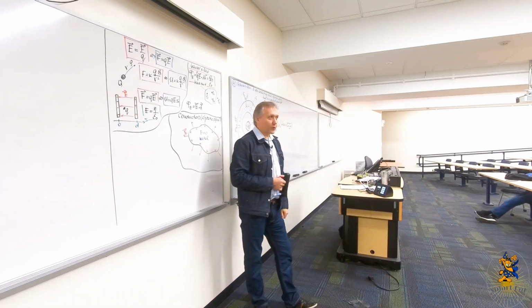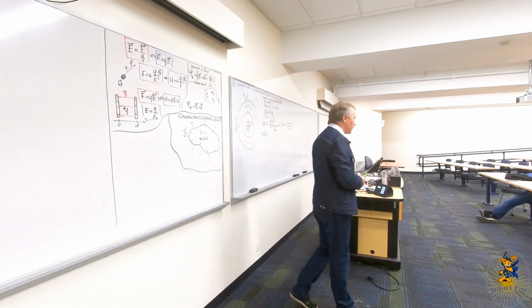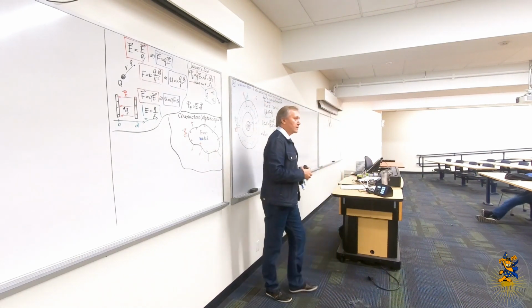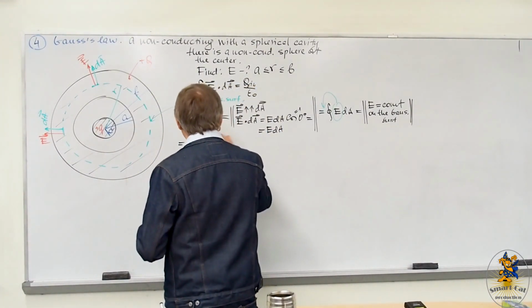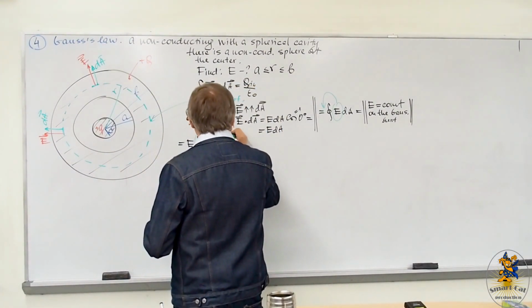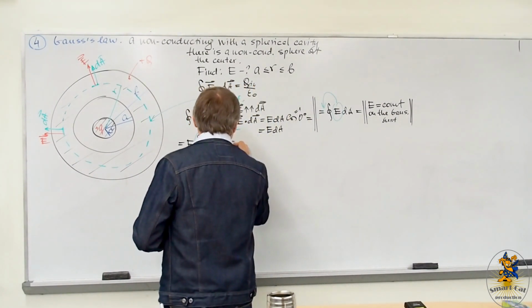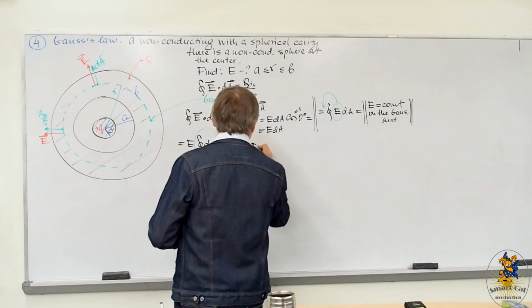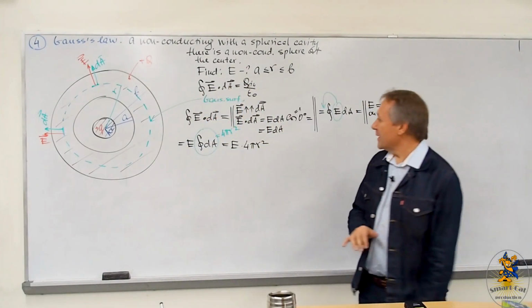Quite often I see students write just wrong formulas, and we shouldn't be making mistakes with these formulas. So, 4 pi r squared, small r. Okay, so our value of the flux is E times 4 pi r squared.